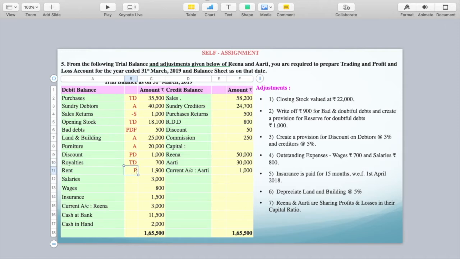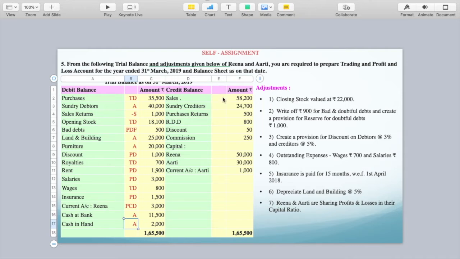Then rent, profit and loss account debit side, salaries, profit and loss account debit side, wages, trading account debit side, then insurance, profit and loss debit side, current account of Reena, so it's a debit balance, so partner's current account debit side, so PCD, to balance brought down, cash at bank asset, cash in hand assets.